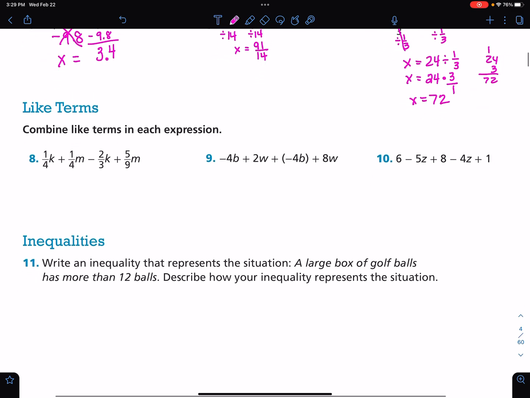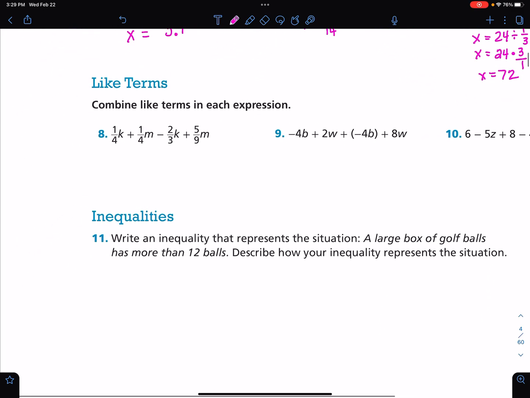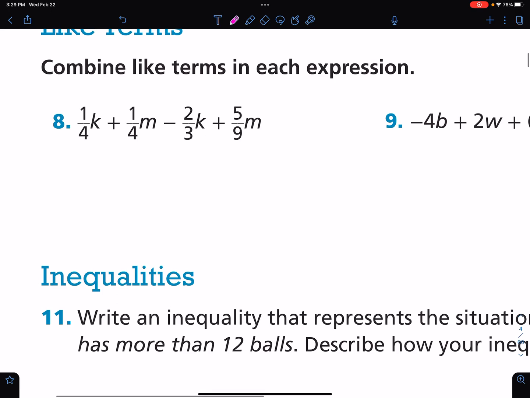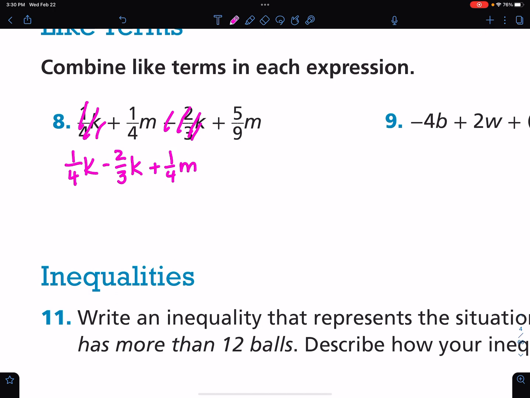Now, this down here is what we've been doing, combining like terms. The first thing I need to do is rearrange them so that the variables are together. So 1/4 k, I moved, then minus 2/3 k, I moved, plus 1/4 m, I moved, using the commutative property, and 5/9 m.